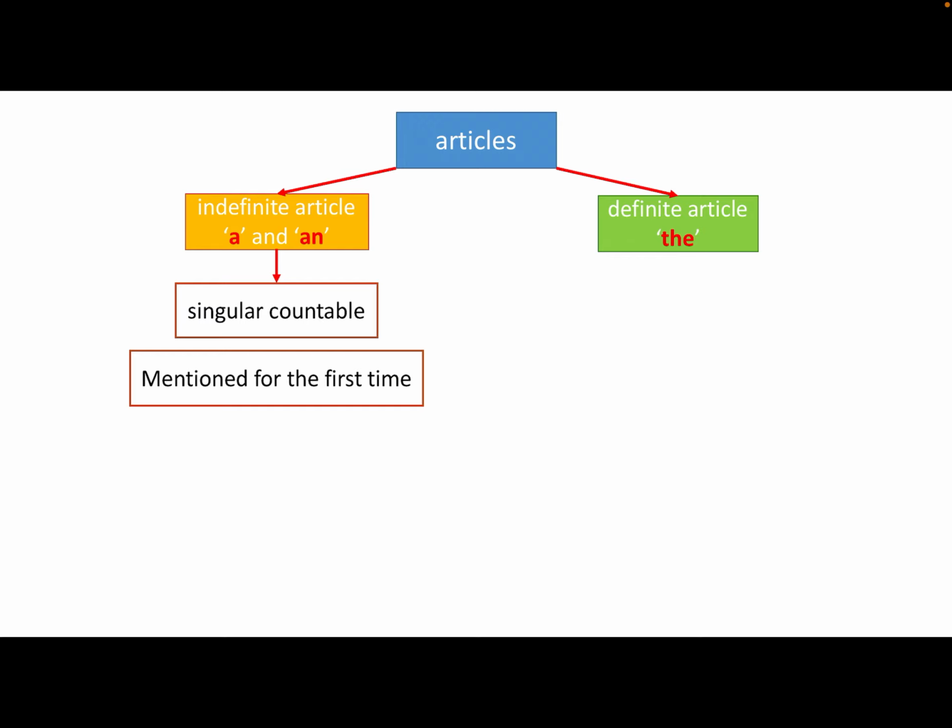So when do we use a and when do we use an? Some people might say that we use an when the noun starts with the letters A, E, I, O, U. However, it is not completely correct. In fact, whether we use a or an depends on the first syllable or sound of the noun. We only use an when the first syllable is a vowel sound.